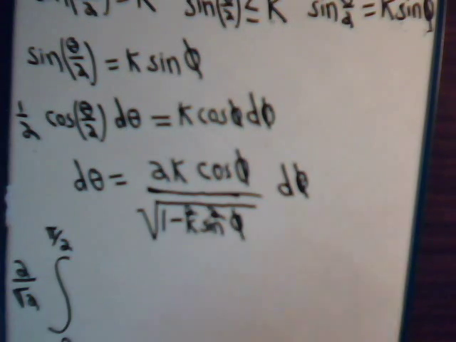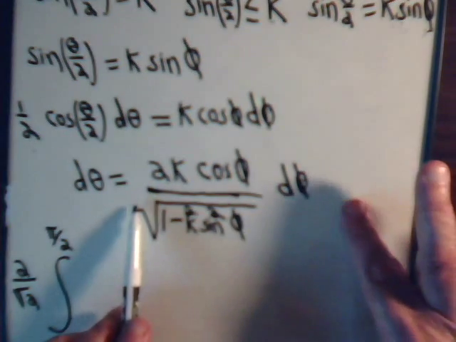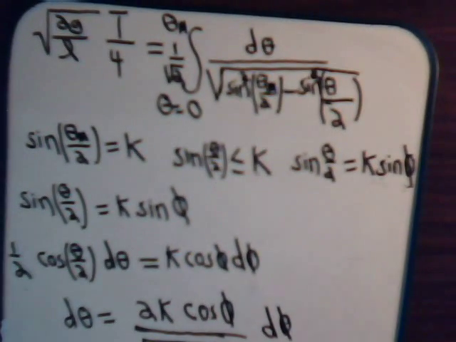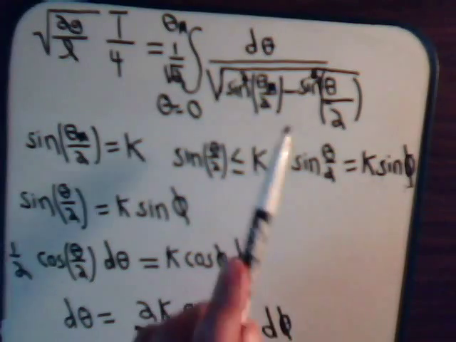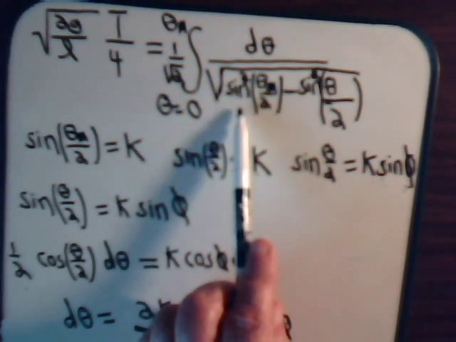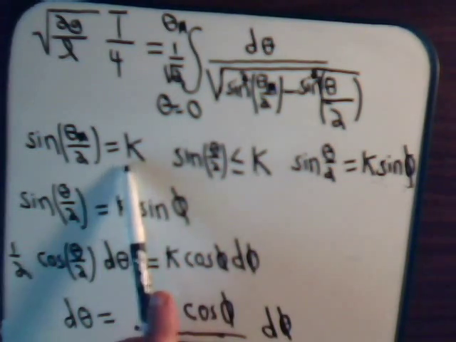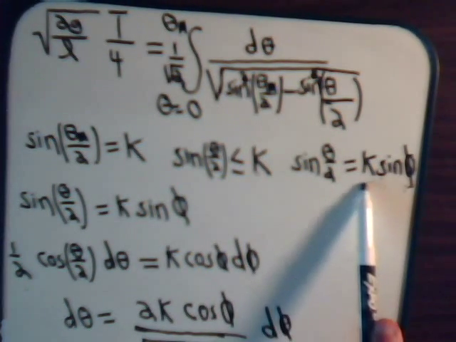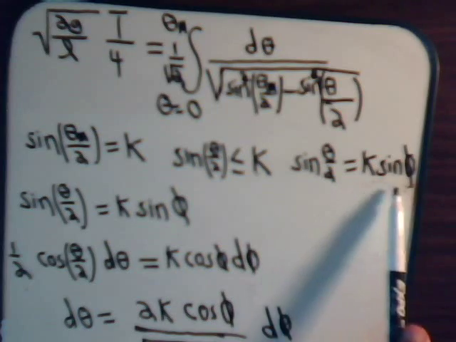And then d theta is this, and here then we have sine squared. Well, that's going to be k squared minus k squared sine squared phi.